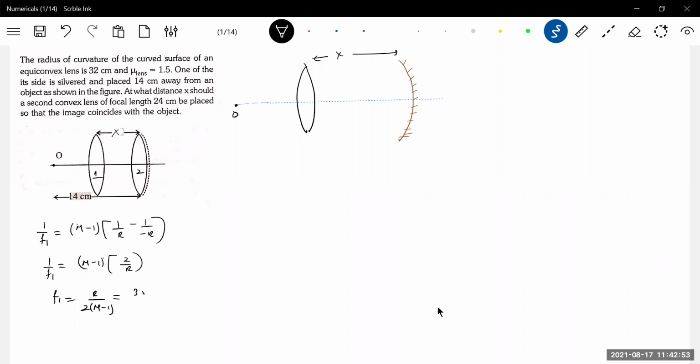R is 32, so 2 times (1.5 minus 1). So the focal length of this is 32 centimeter.